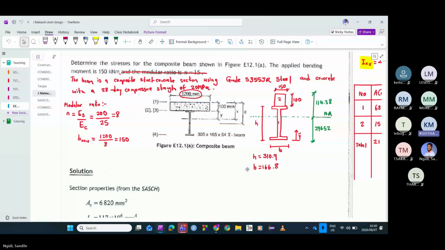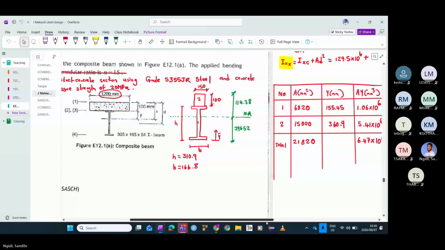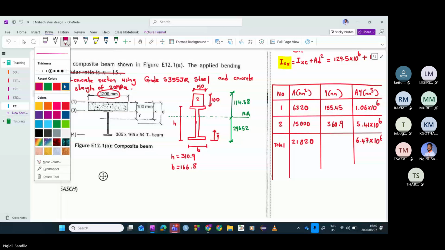This is the one that we were using for steel design. Yes, the 6.82 that you are referring to is here. Is that the value that you are finding?